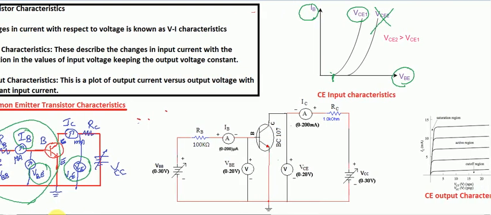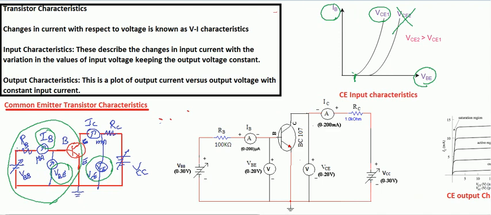Now about output characteristics. How can we draw the output characteristics? In order to draw them, you consider this region. It is the variation of output current with respect to output voltage while maintaining the input current constant. Here, IC is the output current and VCE is the output voltage.